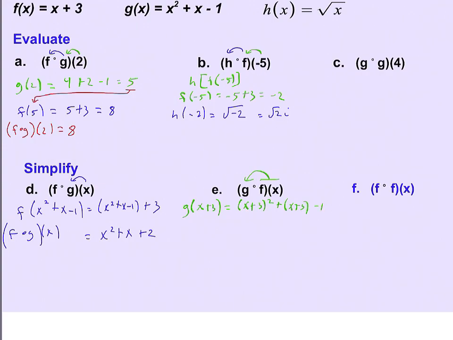And this does get hard to get used to. You'll get there, but it takes a little bit of getting used to this idea that x becomes x plus 3. It's a weird idea. But what this notation means, g of f of x, means we take whatever f of x is and we plug it in for the input into g.